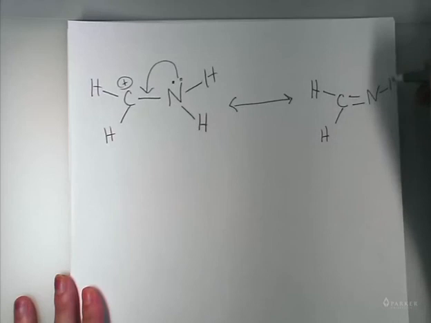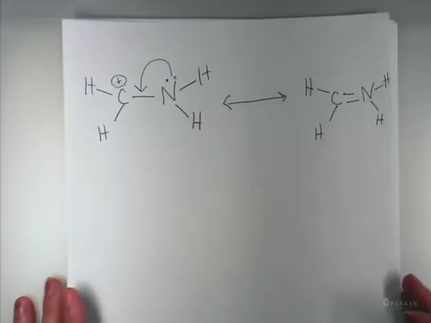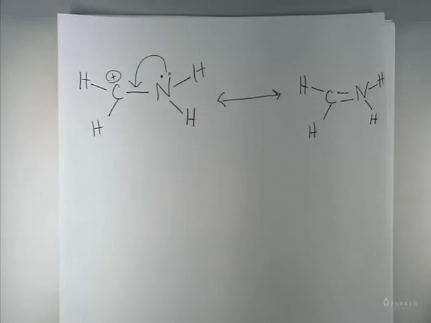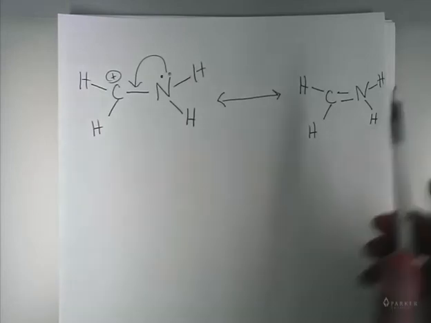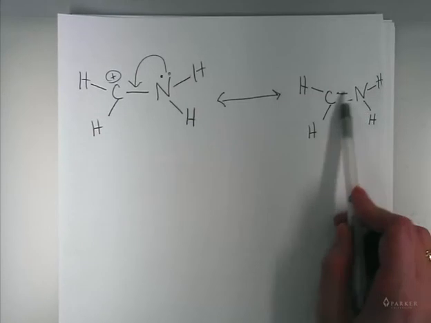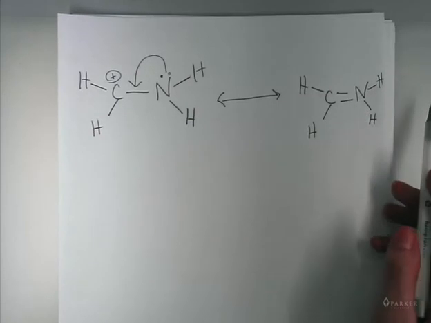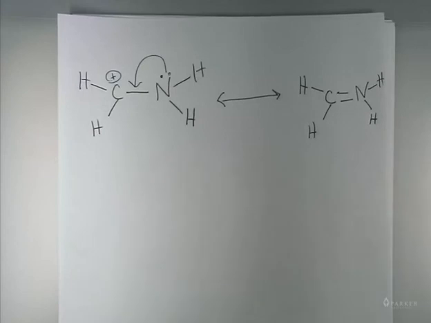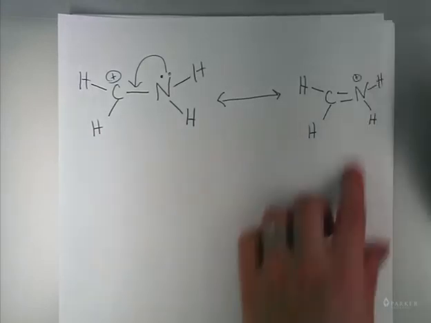So is there any lone pair on nitrogen anymore? No. And let's check our formal charges. Did we do anything to the hydrogens? No, so those stay the same. What about this nitrogen here? It should have 5, but now it has 4, so it gives us a plus charge.